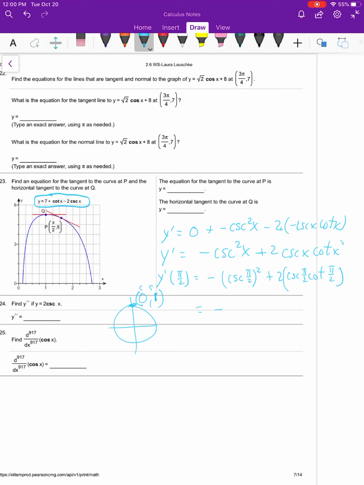Cosine of pi over 2, sine of pi over 2. And so our cosecant is going to be the reciprocal of sine, so it's going to be 1 also. Our cotangent at pi over 2 is cosine over sine, so it's going to be 0.